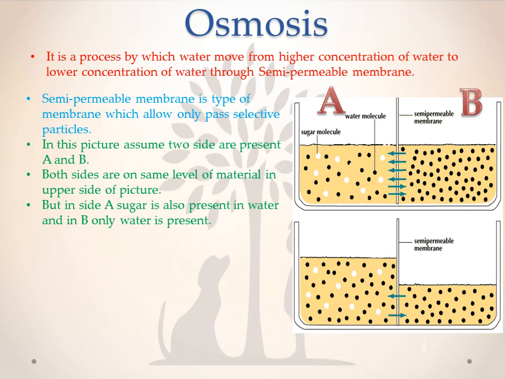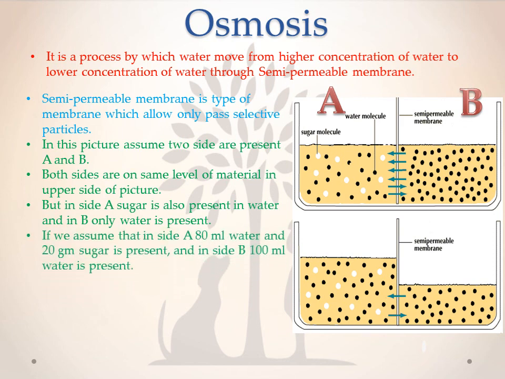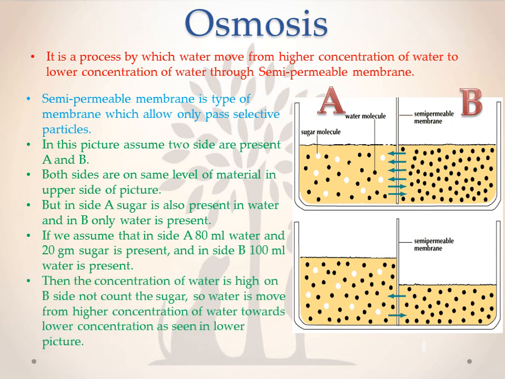As we see, inside A there is sugar with water, so the amount of water is less than in B. If we assume that side A has 80 ml of water and 20 grams of sugar, then side B has completely water, that is 100 ml of water, so the water amount is higher in side B than in A, and it is separated by a semi-permeable membrane.